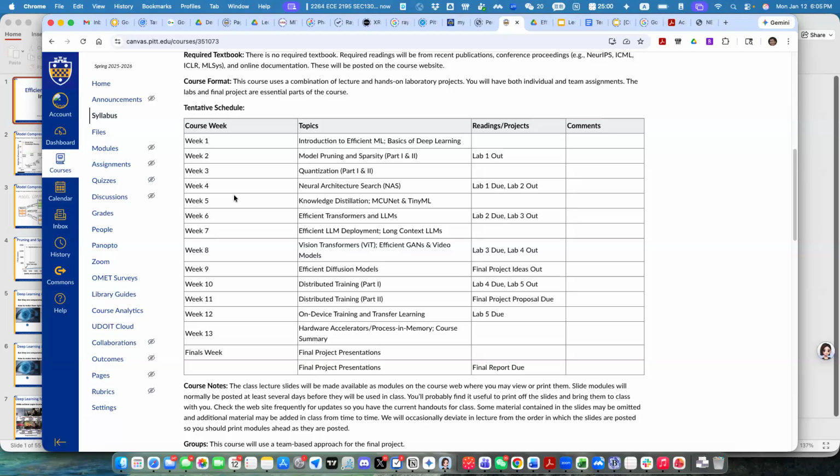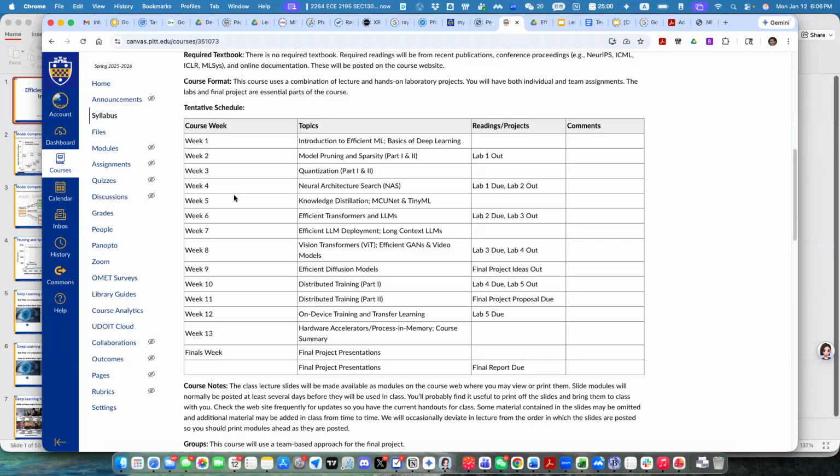I'm planning to have about 5 labs plus a final project. Most of the homework will be in the form of labs, because at the end of the day, the most important thing is that you know how to do it: how to code the network and how to train the network. The final project will be a group project. You are going to propose your own project and discuss it with me.